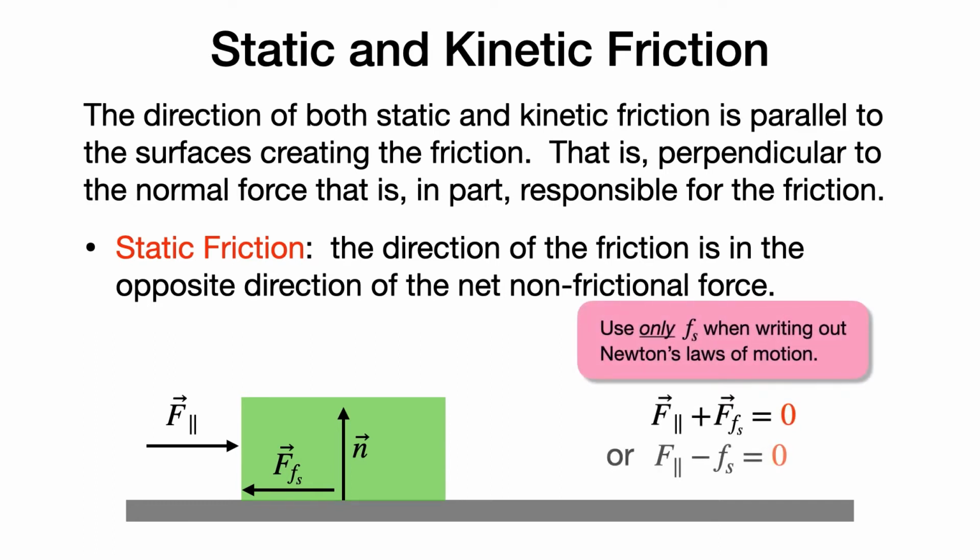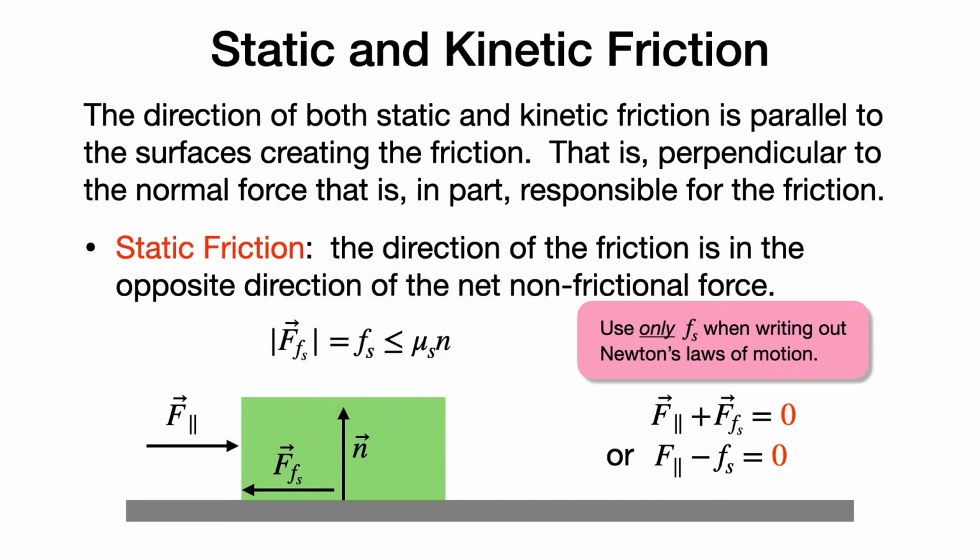Now, when we are writing out Newton's laws of motion in the situation of static friction, we want to only use the magnitude of the static frictional force when writing out these equations. We never want to substitute in at this point that it's related to the coefficient of static friction and the normal force. Why is that?